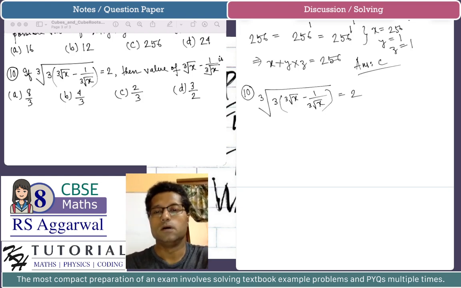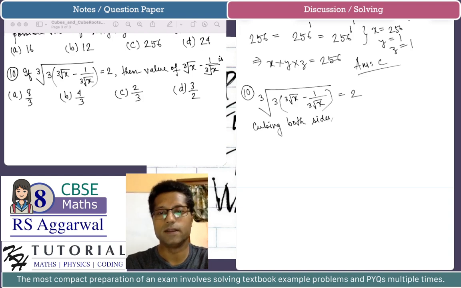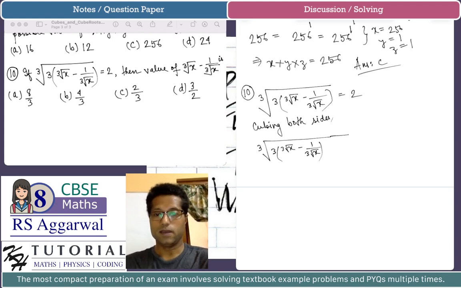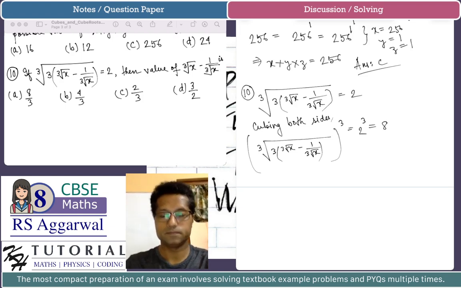Now, if we take cubing both sides, we get 3 times cube root of x minus 1 by cube root of x, and this becomes 2 cube, which is equal to 8.